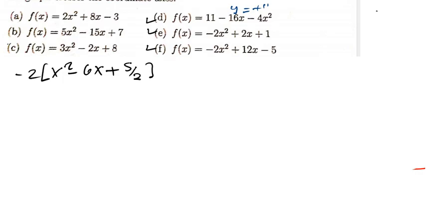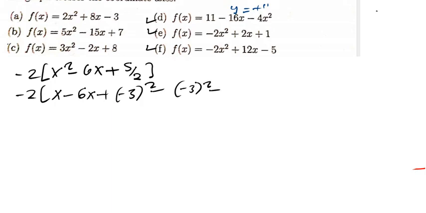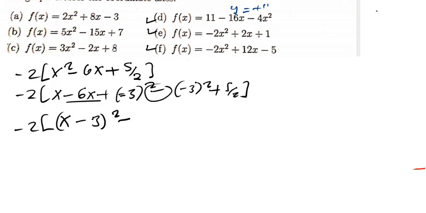Like that. Negative 2 x minus 6x plus the half of 6 is negative 3, squared, minus negative 3 squared, plus 5 over 2, like that. Next step, ignore this guy having negative, so it will be negative 2 x minus 3 squared, then minus this one, negative 3 times negative 3 is positive 9, plus 5 over 2.